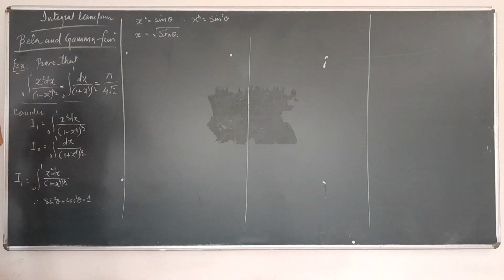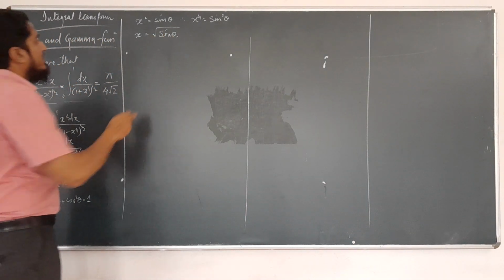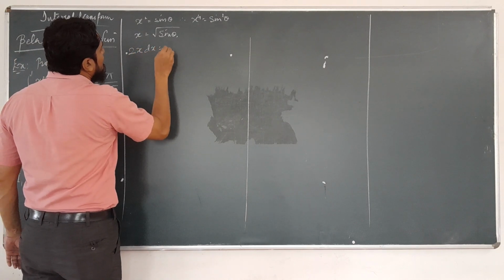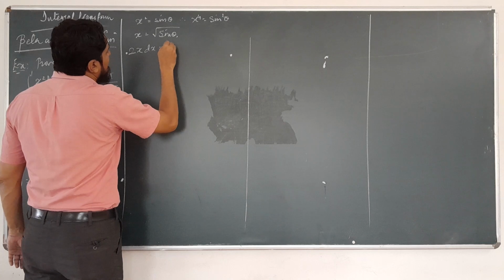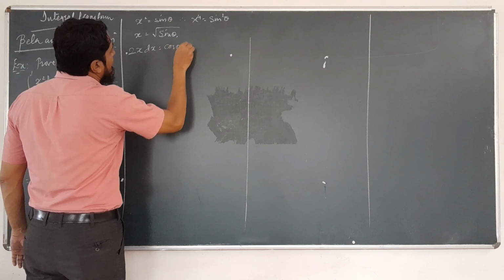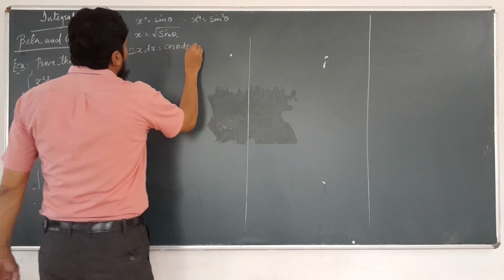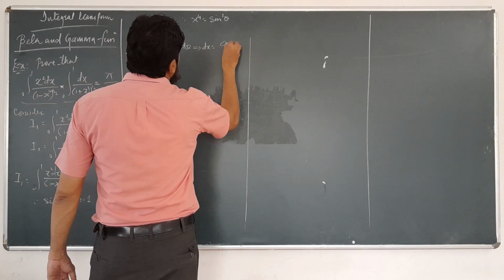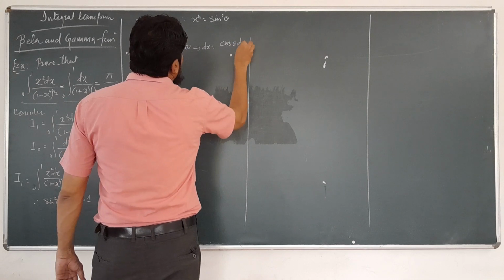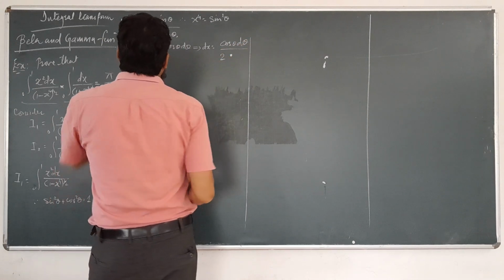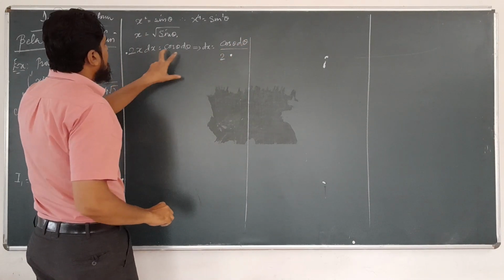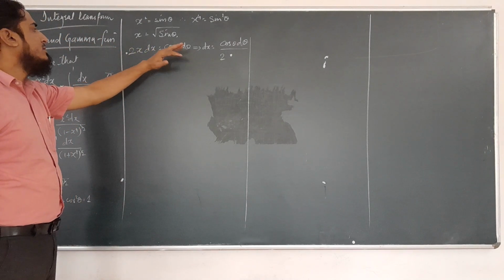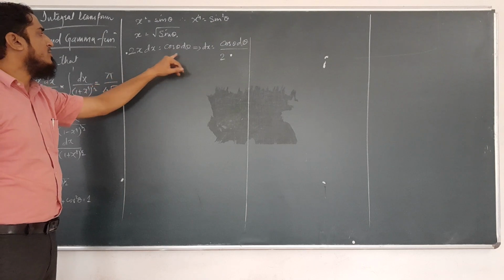Now we want dx also. If we differentiate this equation, we get 2x dx is equal to the differentiation of sin theta, which is cos theta d theta, which implies dx is equal to cos theta d theta upon 2x.